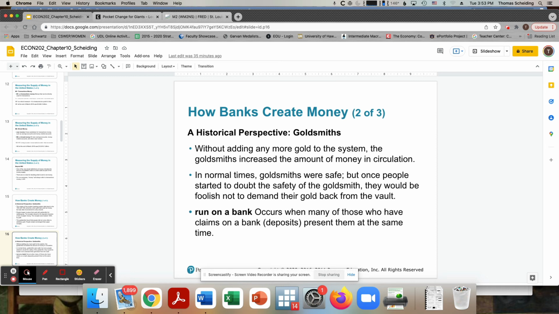But the goldsmith was also able to lend money, right? Because they have all this gold sitting there, and they know not everyone's going to come to get the gold at the same time. They could say, "Hey, why not use this guy's gold?" Right?